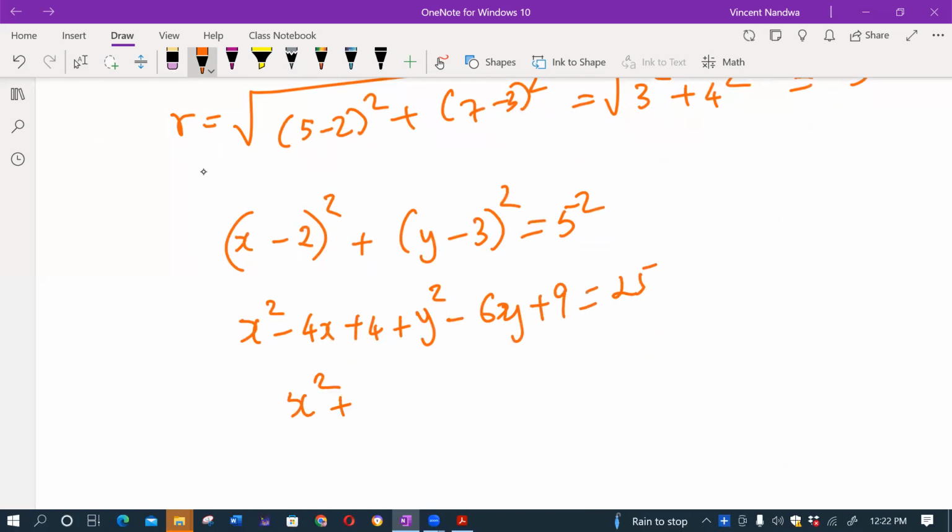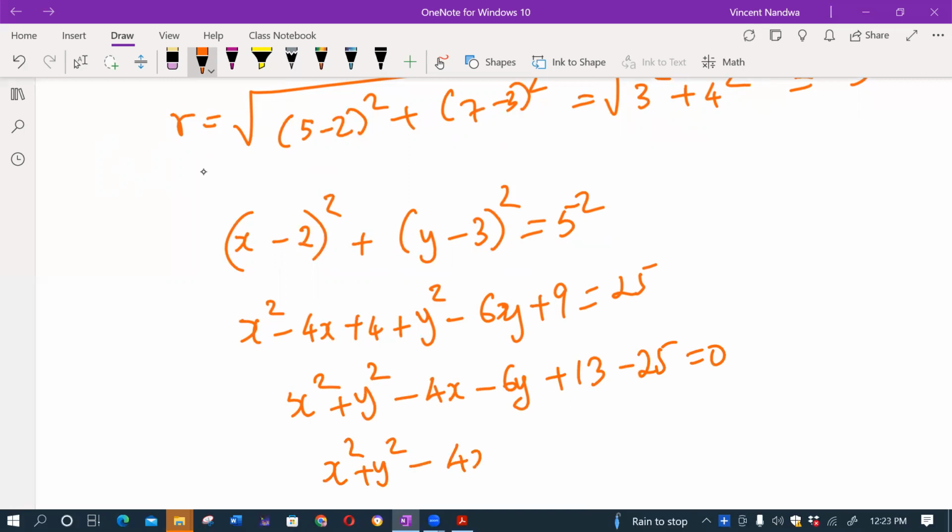So x squared plus y squared minus 4x minus 6y plus 13 minus 25 equals 0, so x squared plus y squared minus 4x minus 6y minus 12 equals 0. So this is the required equation.